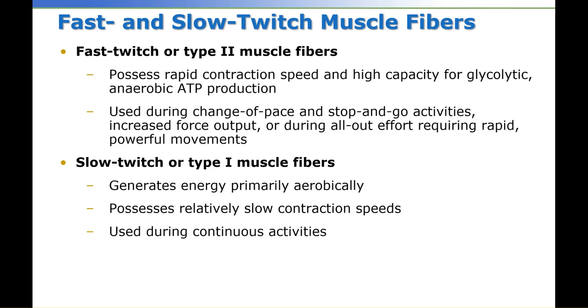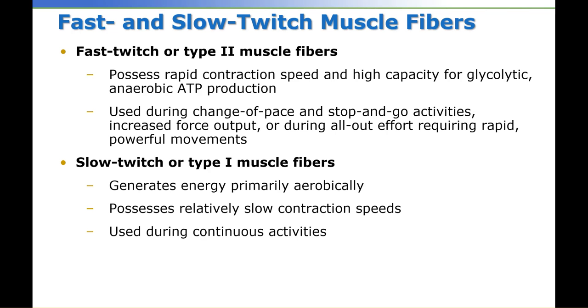Fast and slow twitch muscle fibers. It's on page 180. This talks about how they basically possess fast twitch. So fast twitch are either type 2A or type 2X.